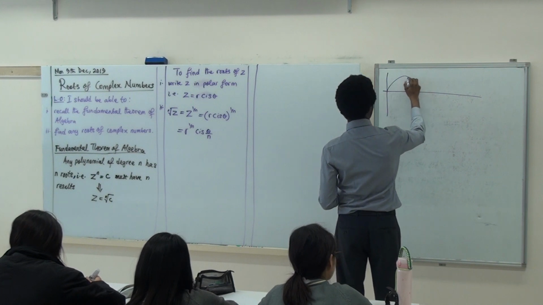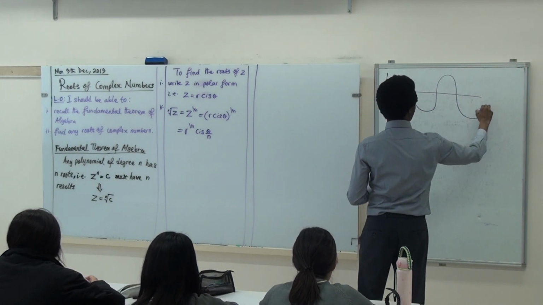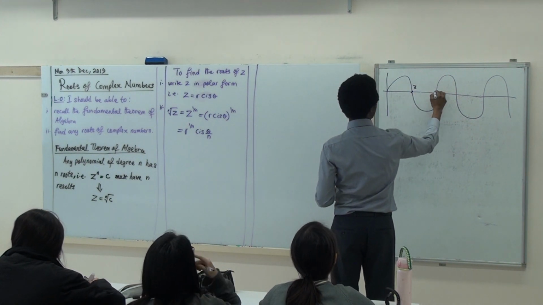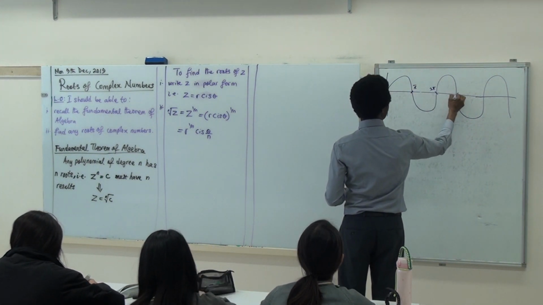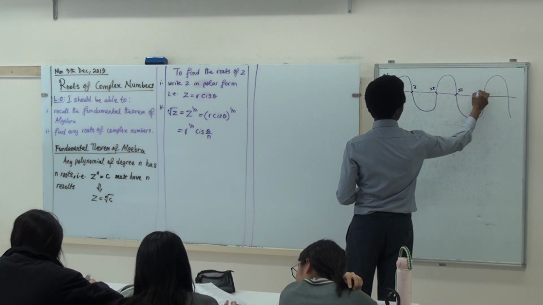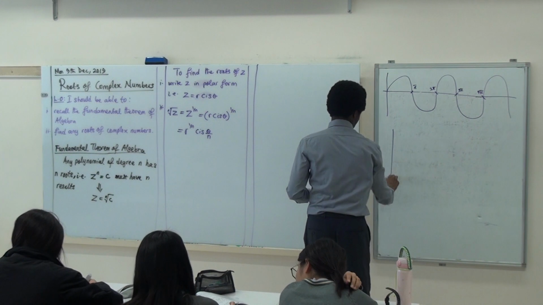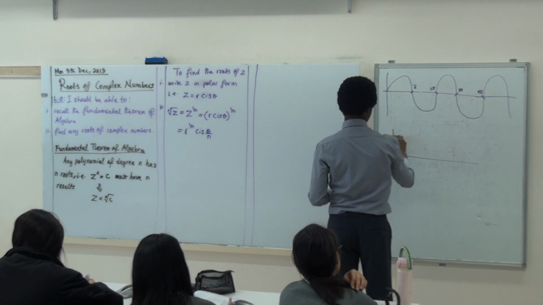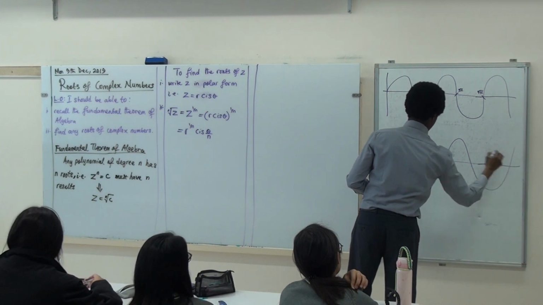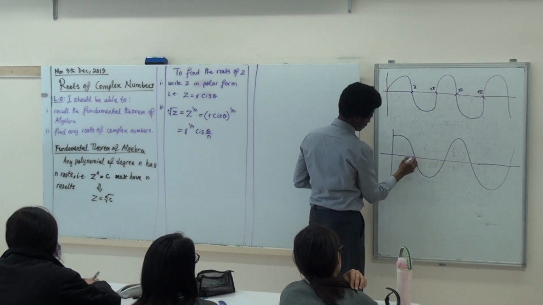This is the graph of sine. What is this value? Pi? Yes. 2 pi. That would be 3 pi. This is 4 pi. Let me draw the graph of cosine. What is this?